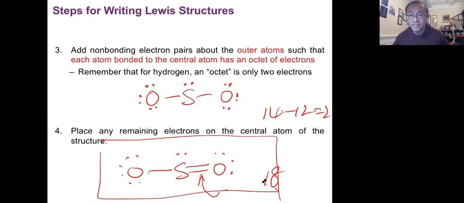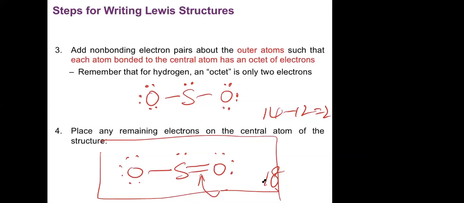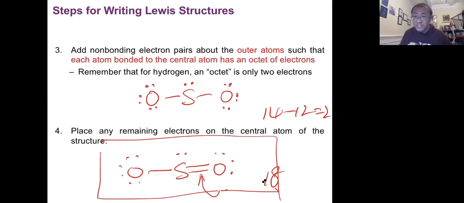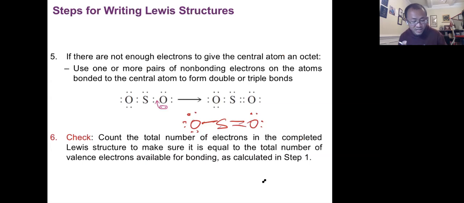Now, do you see sulfur happy, guys? Yes. Sulfur is happy. Everybody's happy. Now we still have 18 here if you count. Don't add more or less. And that's the correct Lewis structure. This is what it means for step 5. If the central atom is not happy, try multiple bonds.